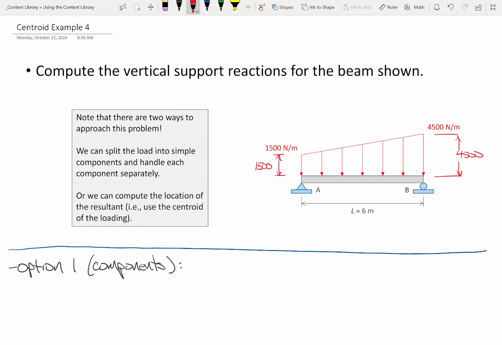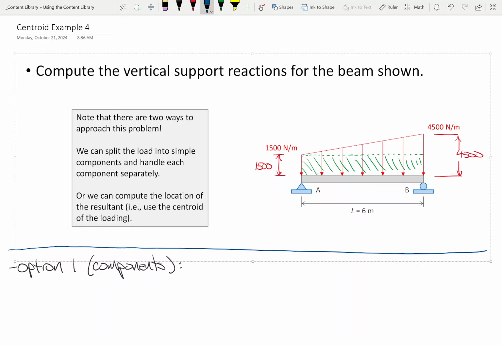If that's the case, I'm going to split this like this. So I'm going to have a rectangular load right here, and then I'm going to have a triangular load right here. Forgive me about the scale and whatnot, but you'll see what I mean.